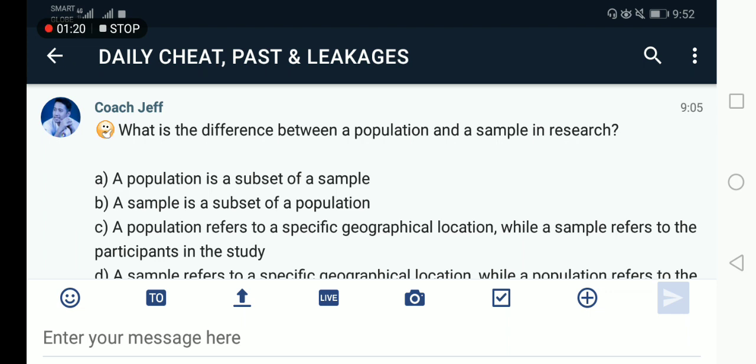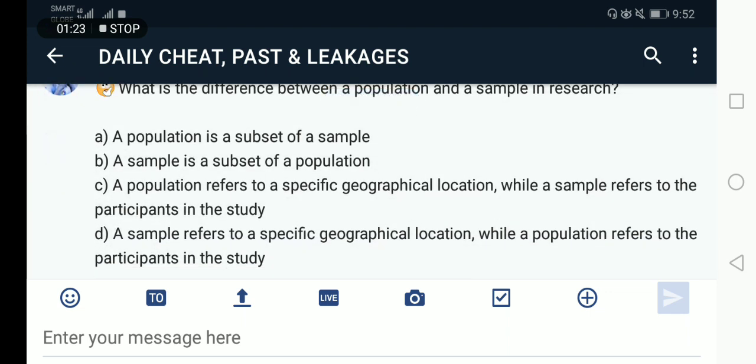If we say a sample refers to a specific geographical location while a population refers to participants in the study, is that the difference between the two, population and sample? No, it's not, because it's geographic.